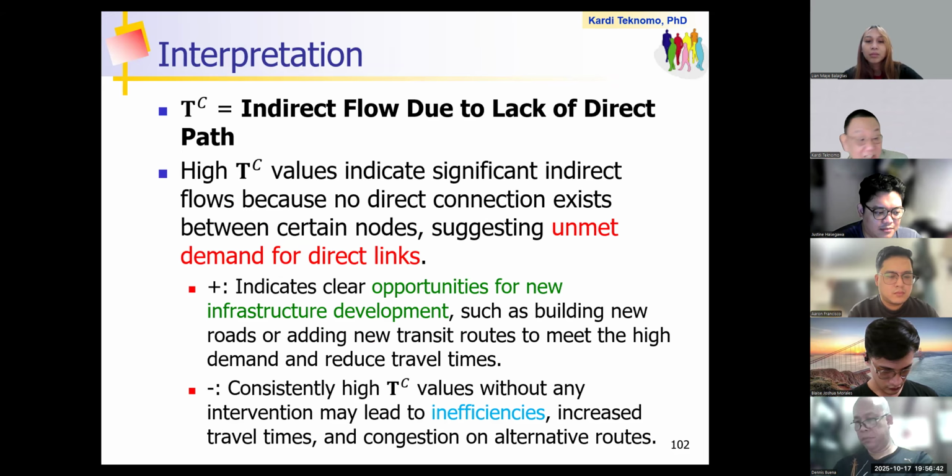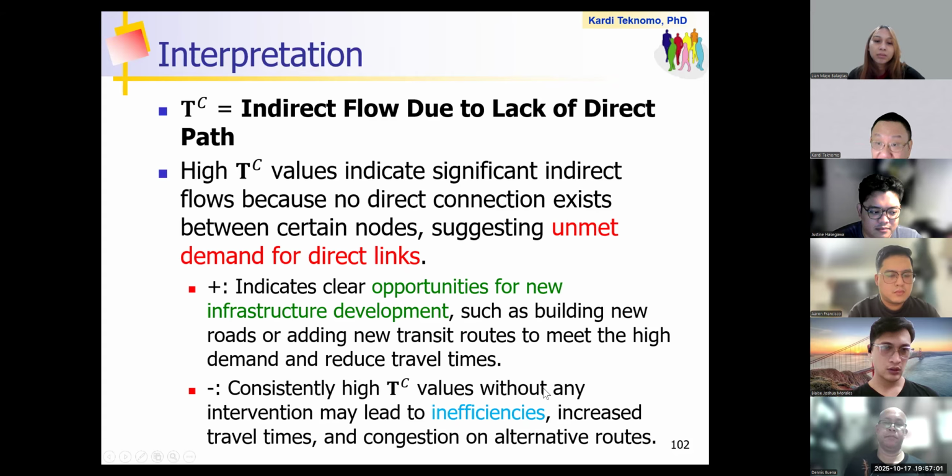So this is the indicator, in the positive sense. In the negative sense, that also leads to inefficiency. High TC or S means an increase in travel time, congestion on the alternative route. This is how you interpret all of these values later.